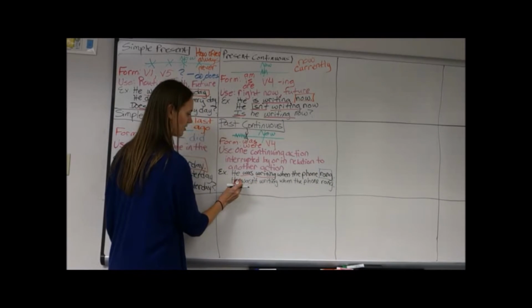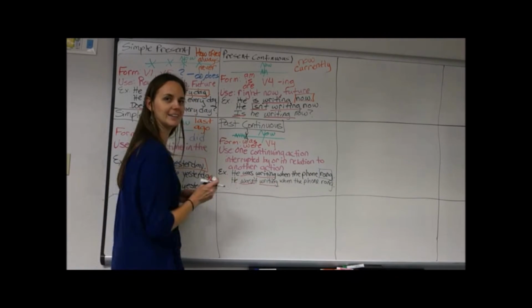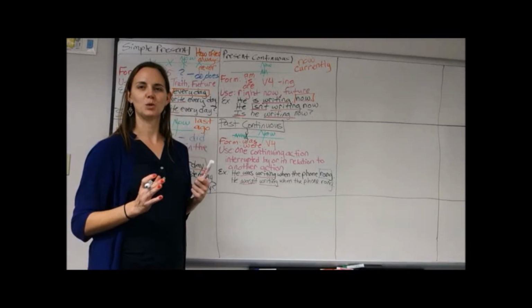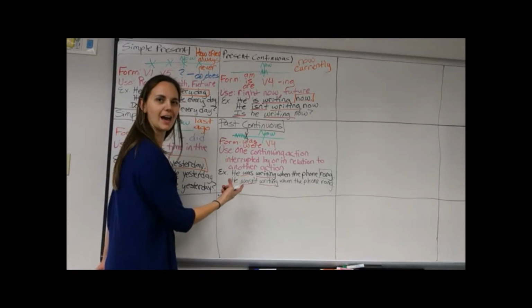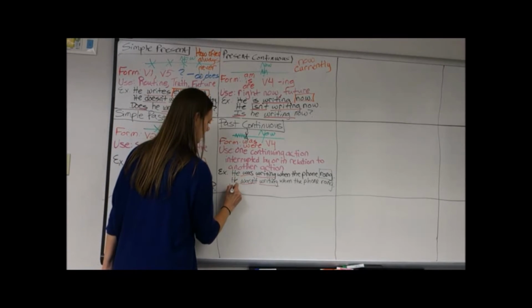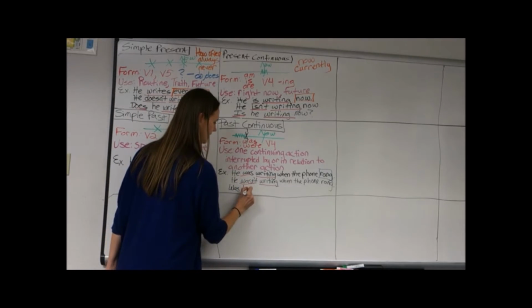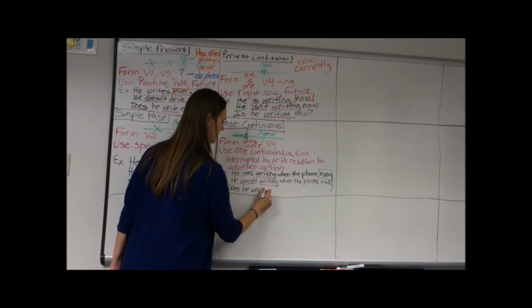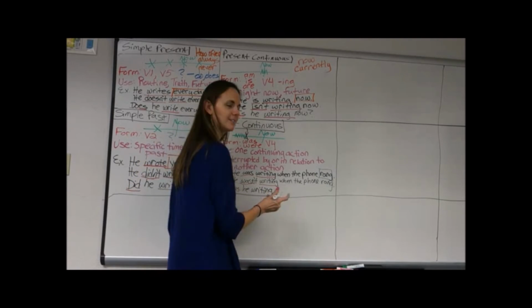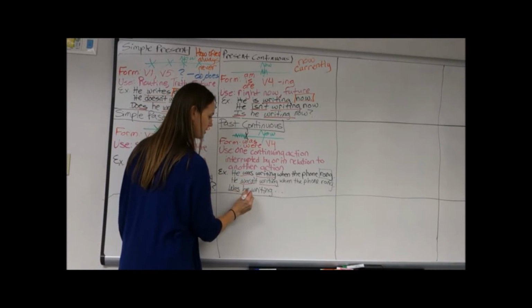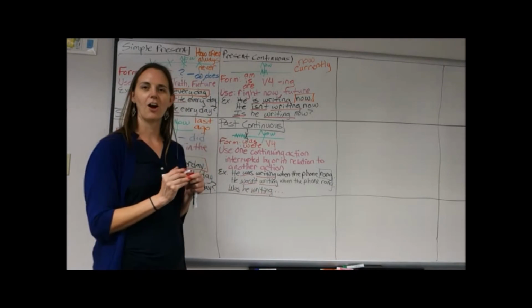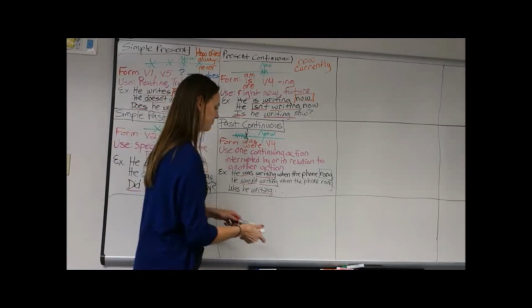Now that we've seen our negative wasn't writing, how do I change this into a question? It's easy by now, right? I just switch that helping verb and subject to get was he writing when the phone rang. Same part of the sentence there. So again, we have our helping verb, subject, and our verb form, ing.